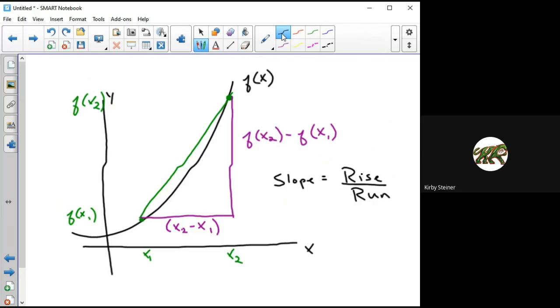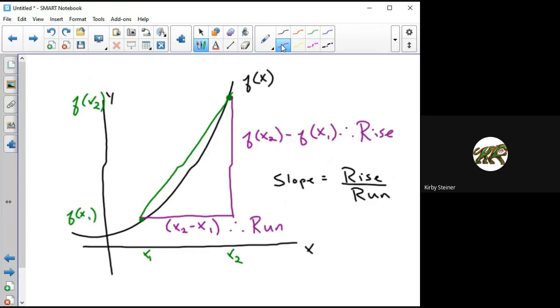Right? So we already see here this f of x2 minus f of x1 is the vertical dimension of the interval, and we can say that this is the rise. Right? x2 minus x1 is the horizontal component of the interval, and we can say that this is the run.